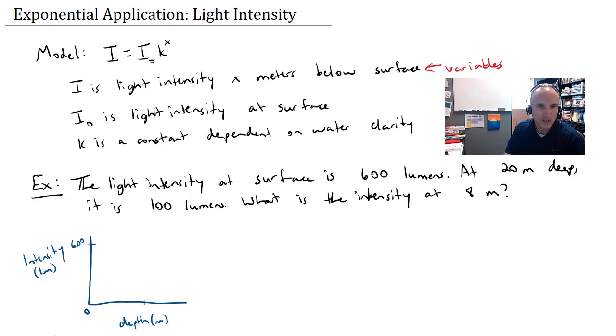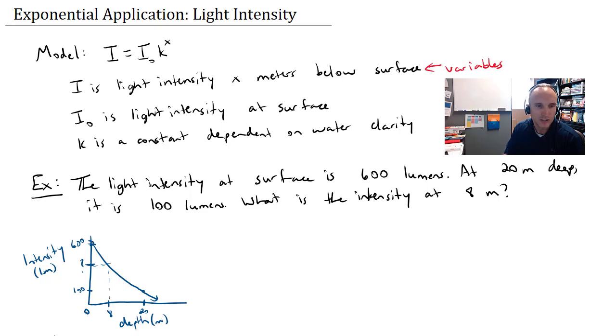And then at 20 meters deep, our intensity is 100 lumens. So our graph's doing this kind of thing, approaching 0 lumens as you go deeper and deeper. And the question is, what is the light intensity at 8 meters?